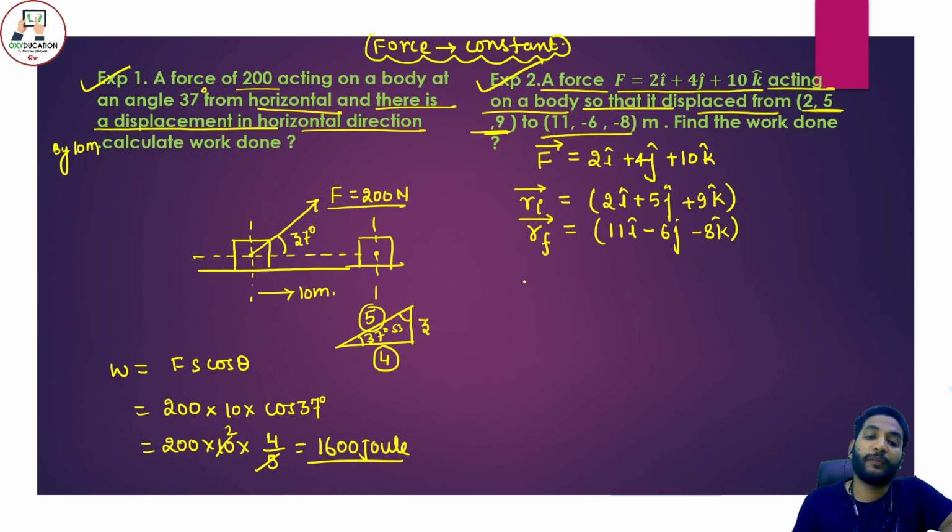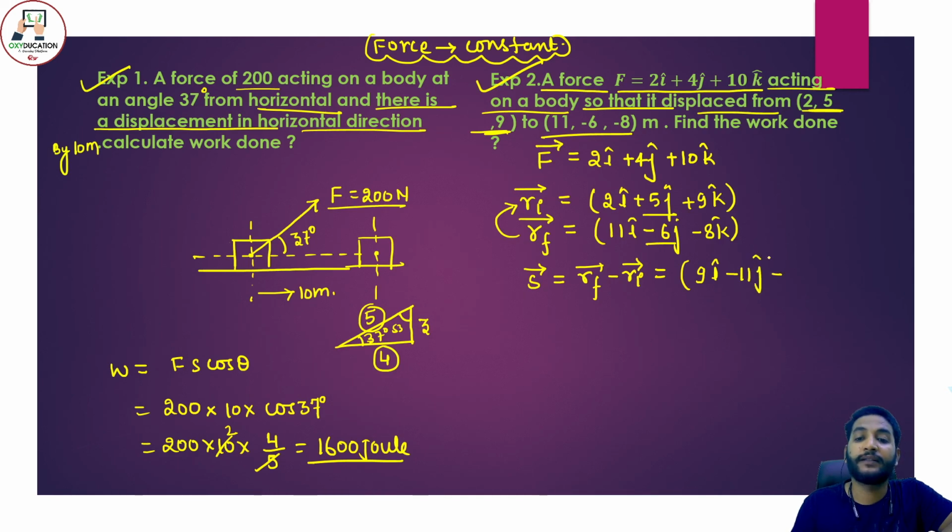Okay. So what must be the value of displacement? Displacement is equal to final position minus initial position. Means you have to subtract the first vector from the second vector. What will you get? Sir, 9i cap. इसमें से इसे अगर आप माइनस करोगे, i से i माइनस हुआ, j से j माइनस हुआ, तो क्या हो जाएगा, minus 11j cap.